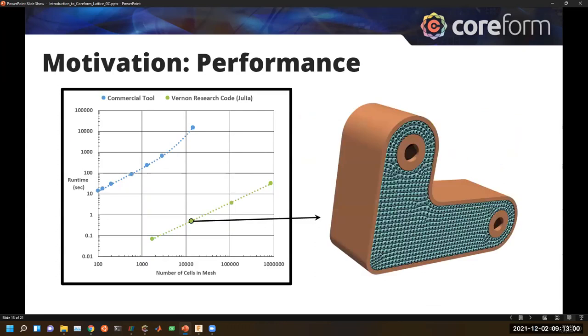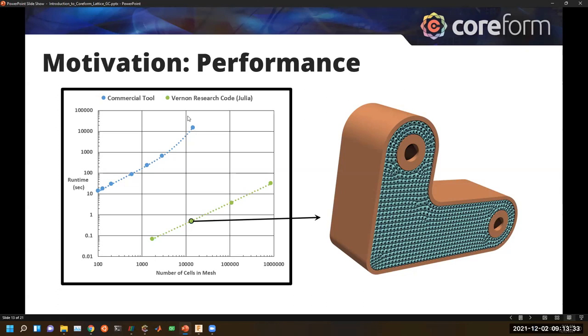There's also a simple fact that as I was trying to build parts or design parts to then run material tests on, commercial tools of the time, as you can see on this log plot here, tended to have poor performance as the number of cells increased. So as you can see, at around 10,000 unit cells, the commercial code that I was using at the time took upwards of 10,000 or 20,000 seconds to compute a lattice.